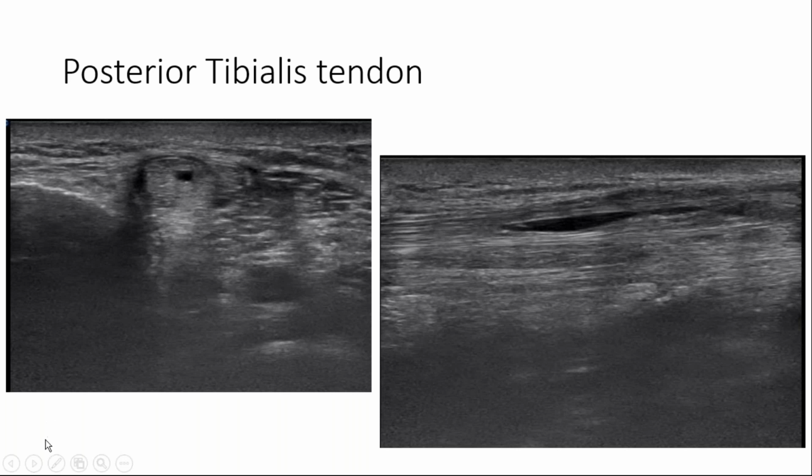Now we are here. This is the ankle. So, posterior tibialis tendon. This is a patient, and let's say you find a posterior tibialis tendon which looks like this, what is your thought here? What are you seeing?